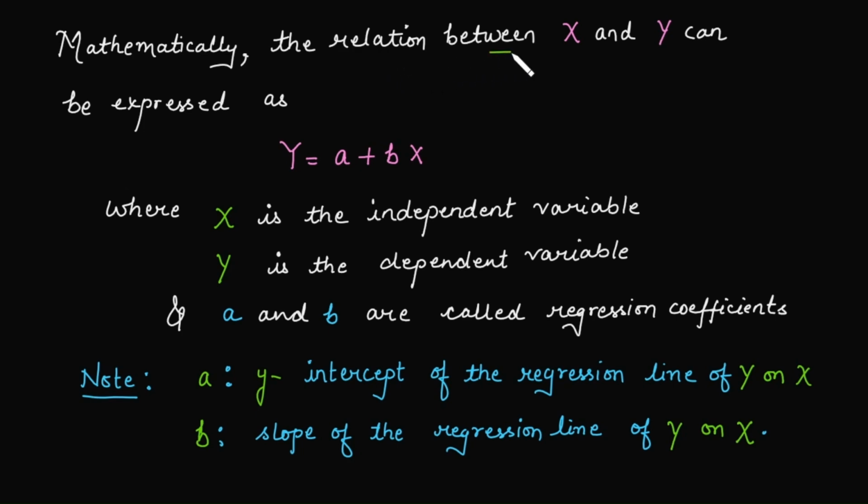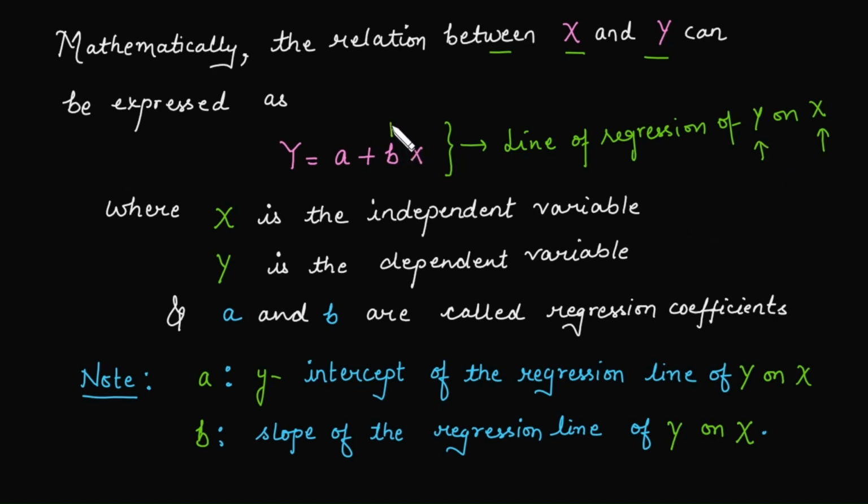Mathematically, the relation between the two variables x and y in a linear regression form is expressed by this form. So this is called the line of regression of y on x, in which we are taking x as the independent variable and y as the dependent variable.